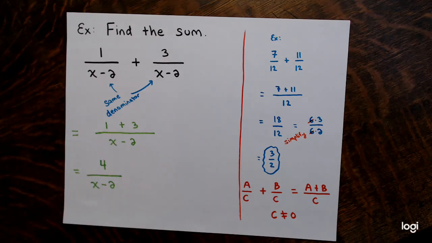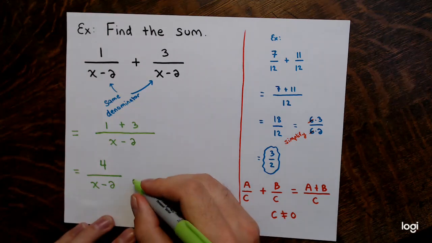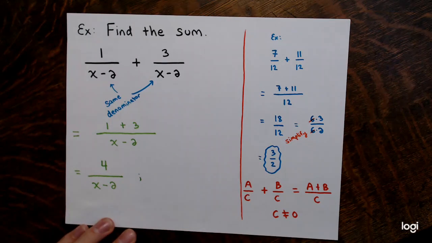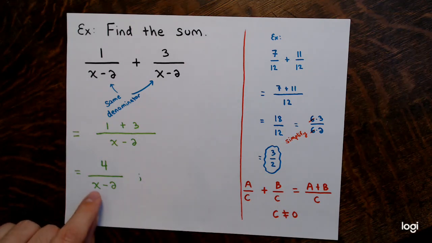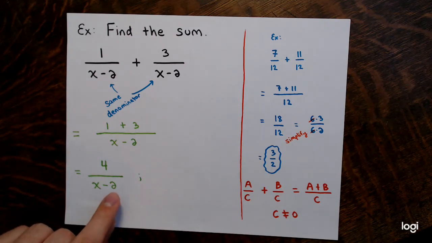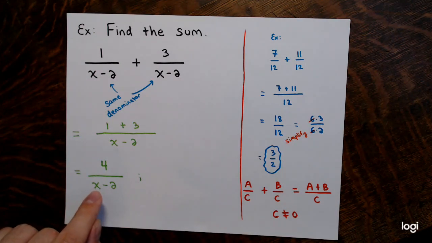They don't have any of the same factor. So this is it. And then, as usual, I like to write off to the side some values I cannot replace the variable with. So remember, denominators can't be 0. So my denominator here is x minus 2. So if I were to plug in a value for x, that value cannot be positive 2.